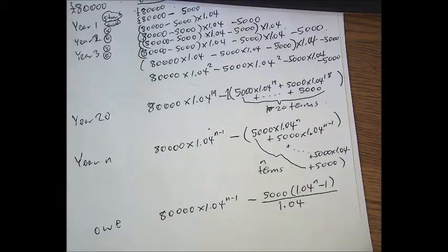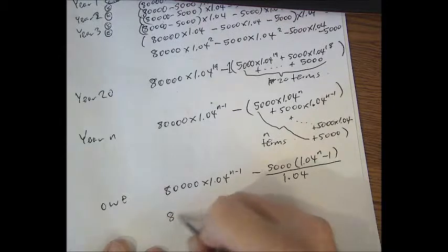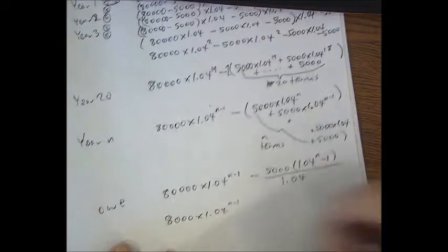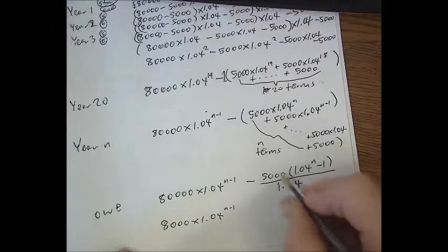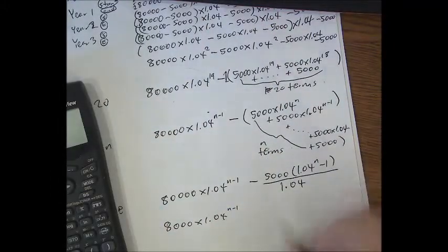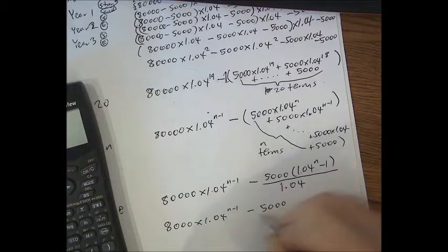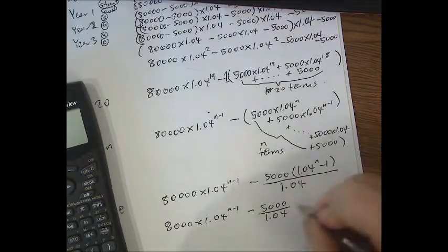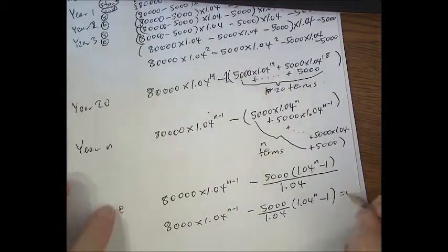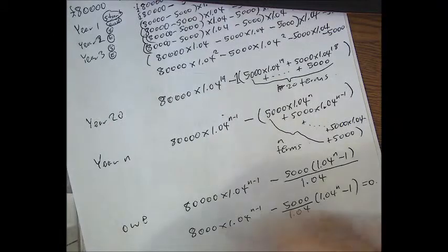Goodness me. Okay, so let's do our best. Logarithms are going to be involved, I'm pretty sure. I was going to do 5,000 divided by 1.04, but that'll be a pretty horrible decimal. I don't want to mess things up like that just yet. We need that to be 0. In other words, we need 80,000.